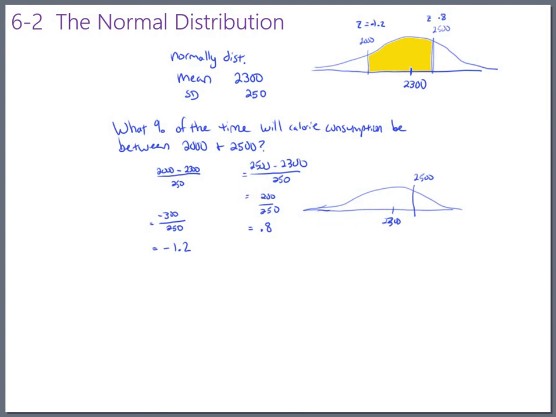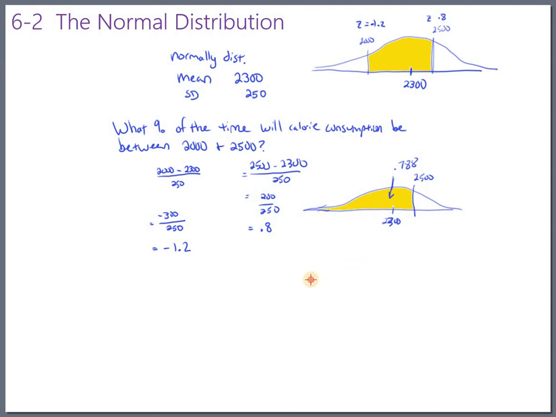So I just worked out that was 0.788. Which wasn't really what I want, right? I want this area up here. So I actually need to chop off the part that's to the left of 2,000.